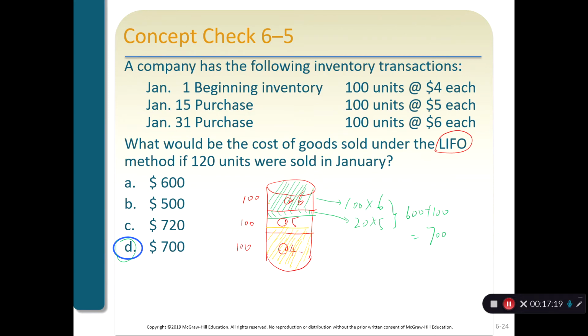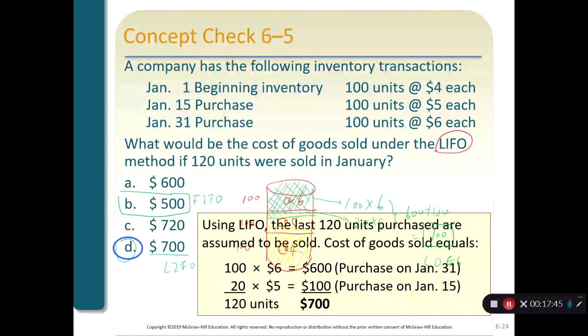If it's LIFO, you start with the top drawer, which is the latest purchase, and you end up with a totally different cost of goods sold number. This one is FIFO cost of goods sold, and this is LIFO cost of goods sold. It's a big difference of $200.